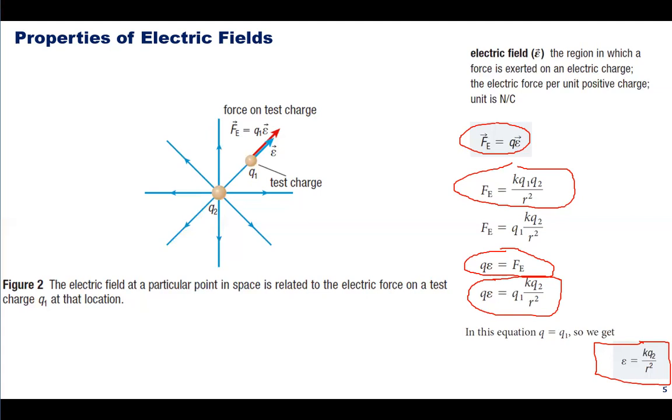If Q2 is negative, then a positive test charge will be attracted toward it, and thus the electric field points in the direction toward a negative charge. As a result, the direction of the electric field depends on the type of charge and the location in relation to the charge. Usually, we do not include the signs of charges in the equations to avoid implying a direction.